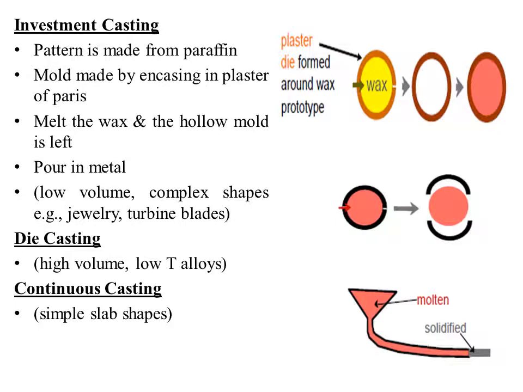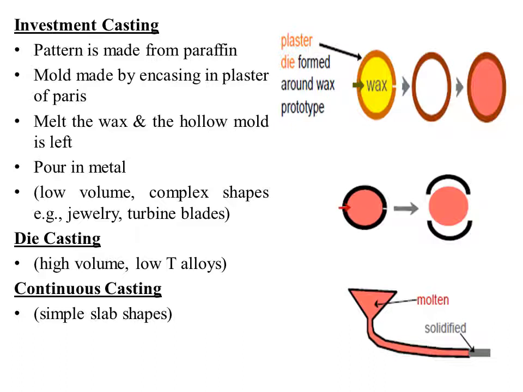In investment casting, you make a pattern from paraffin, that is wax, and create a mold in plaster of Paris. Then you melt the wax out and the mold is left, so you can get the ring.